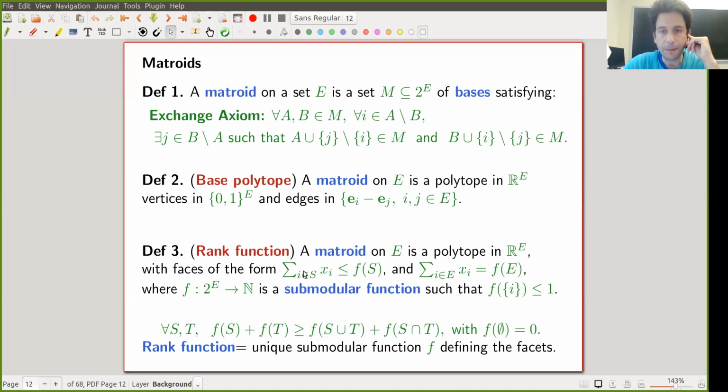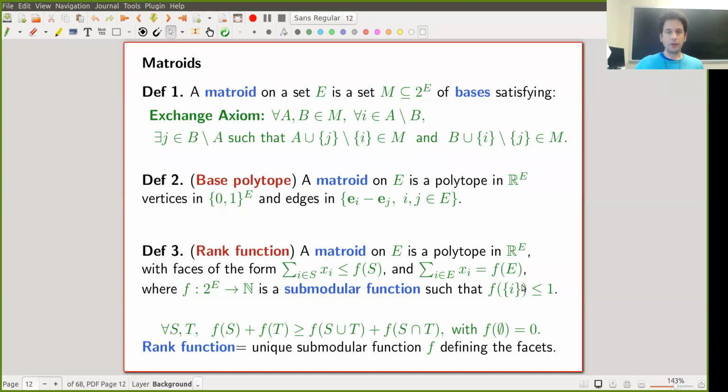If I take this perspective, I'm looking at matroids as polytopes, and these polytopes have this form where f is a non-negative submodular function such that the value on singletons is 0 or 1.